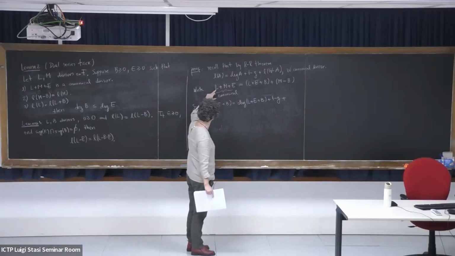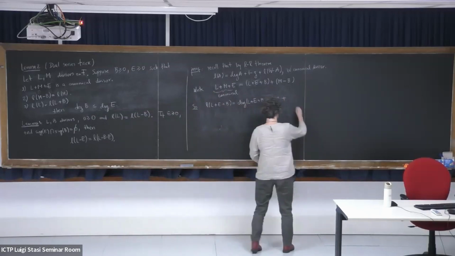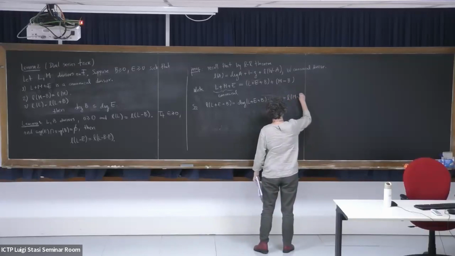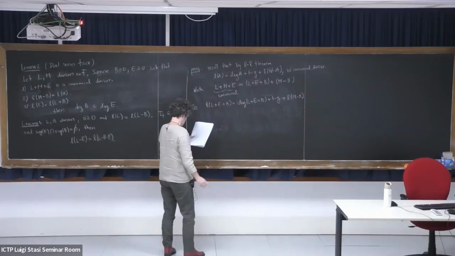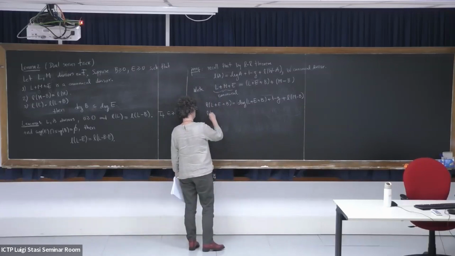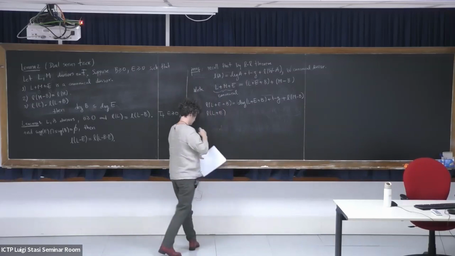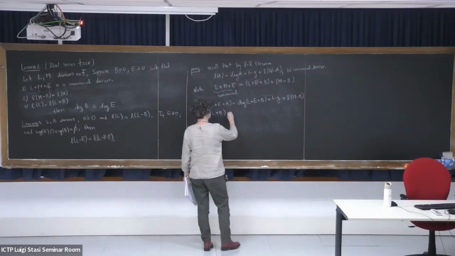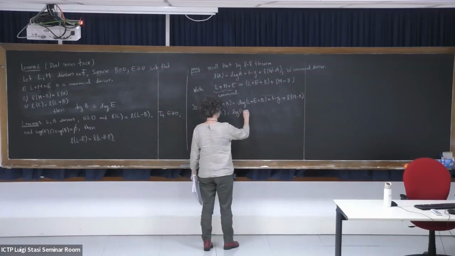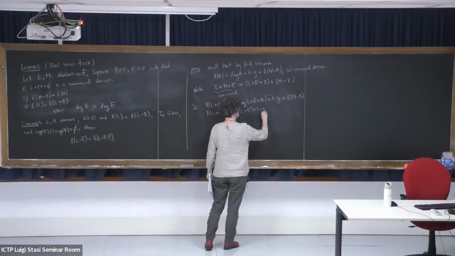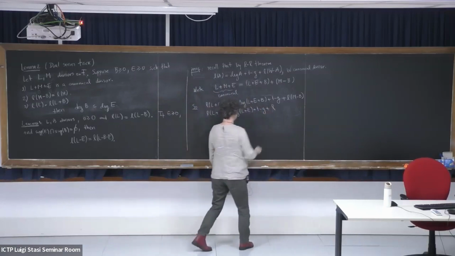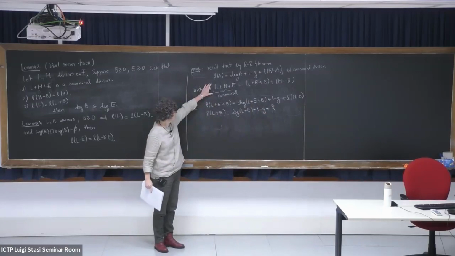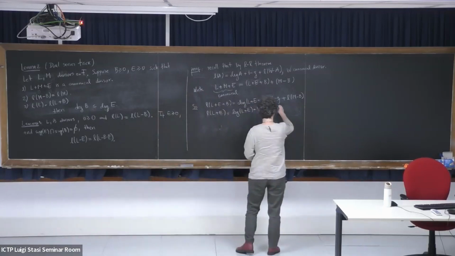If I do this minus this, I keep M minus B, so the dimension of M minus B. Also, I can compute the dimension of L plus E. This is the degree of L plus E plus 1 minus g plus the dimension of the canonical divisor minus this one. If I do this minus L plus E, I get just M.